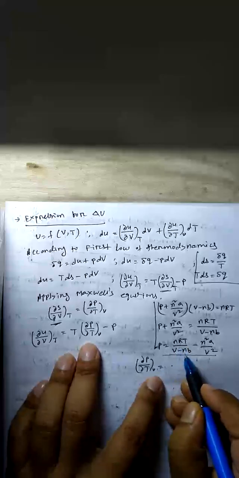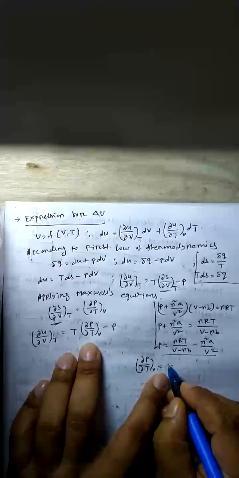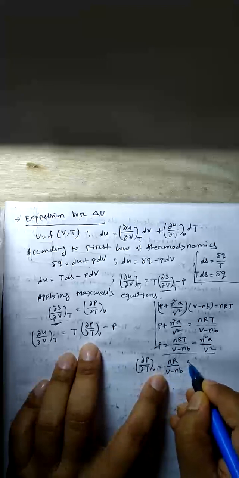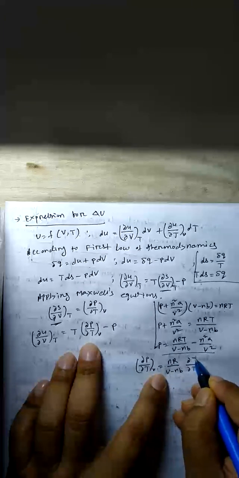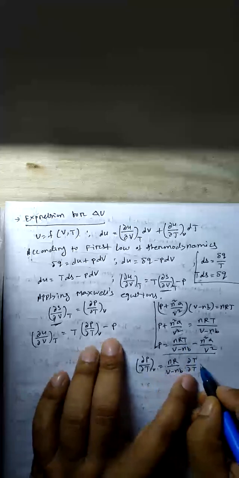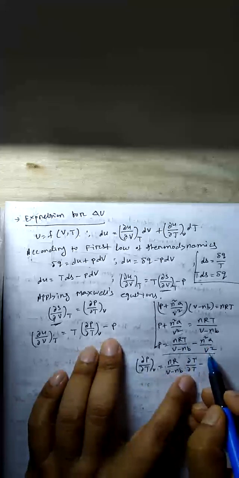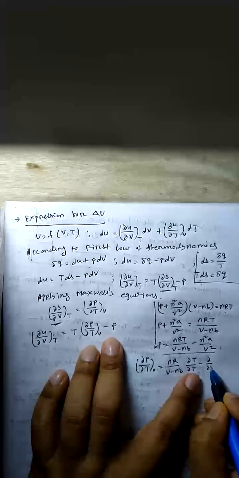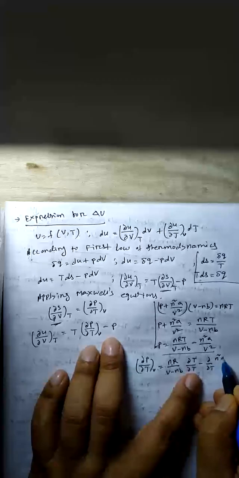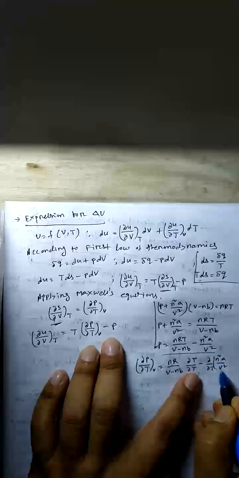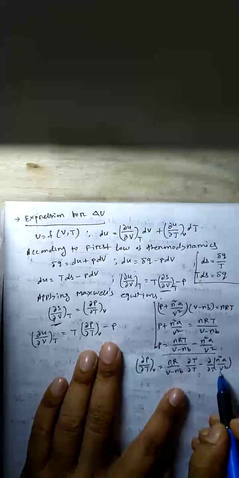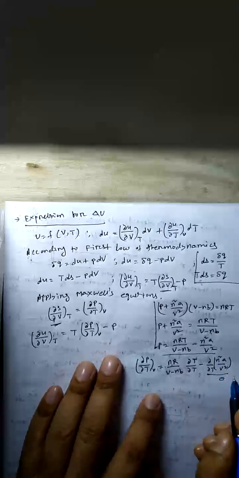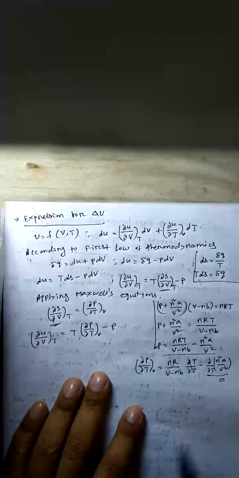Then what we get? nR divided by V minus nb, times ∂T/∂T, minus the second term, where n, a, V are all constant. The derivative of a constant is equal to 0, so this value becomes 0. ∂T/∂T cancels to 1.